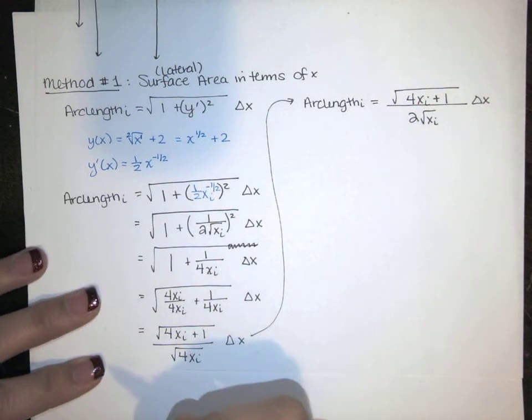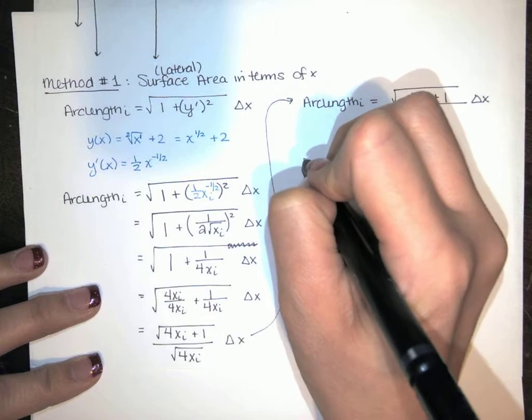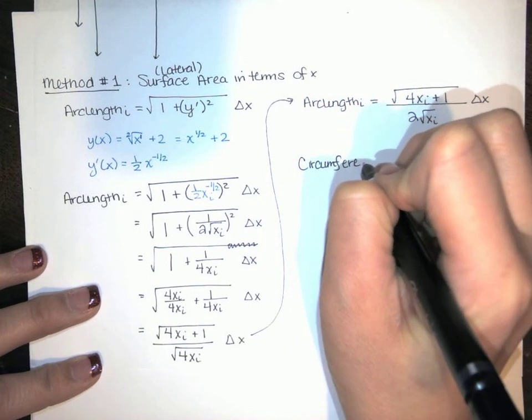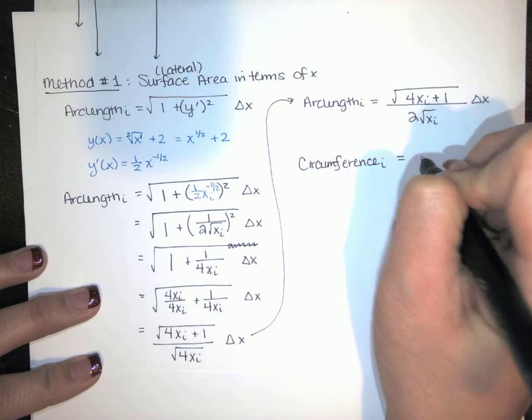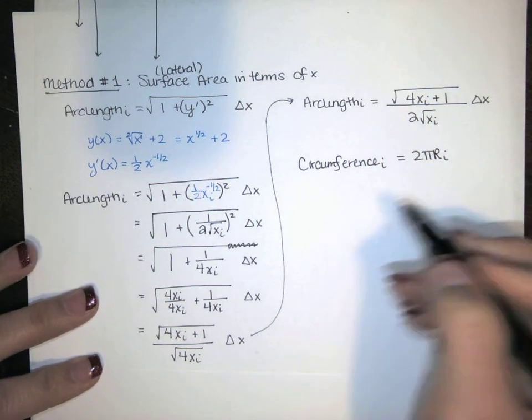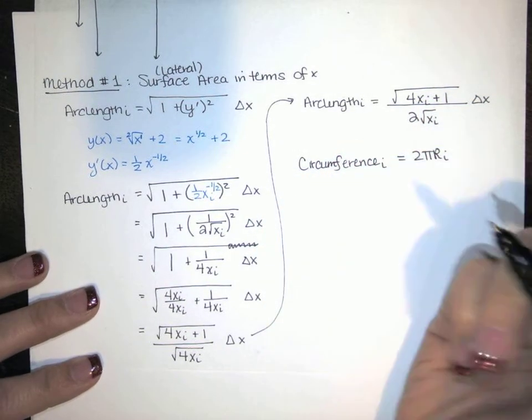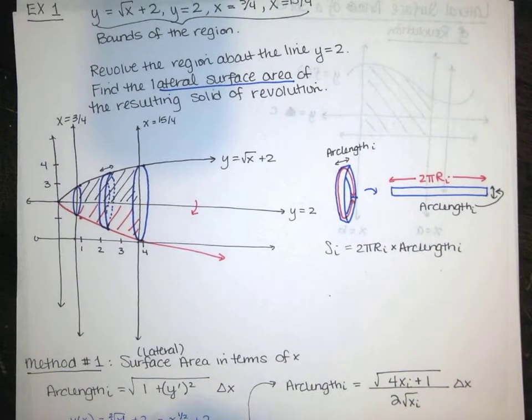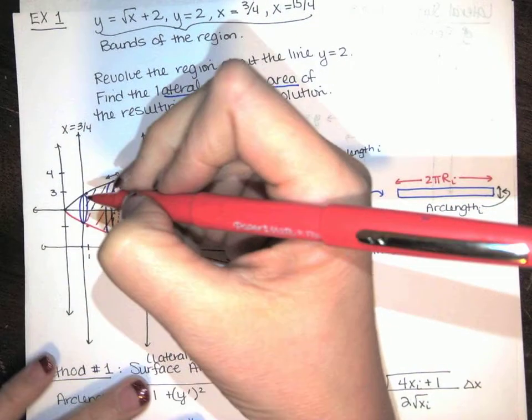Now I also want the circumference as a function of x. So that's 2 pi r. If I want circumference as a function of x, that means I need r as a function of x. Now, because of our picture, we see that r is a vertical distance.